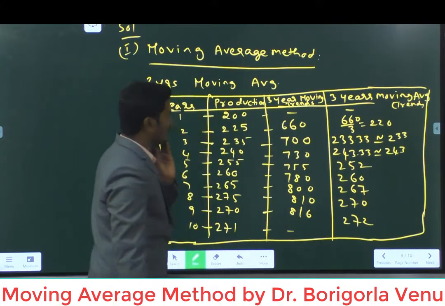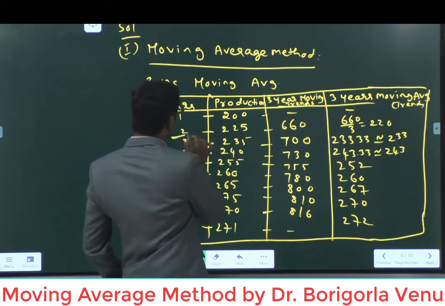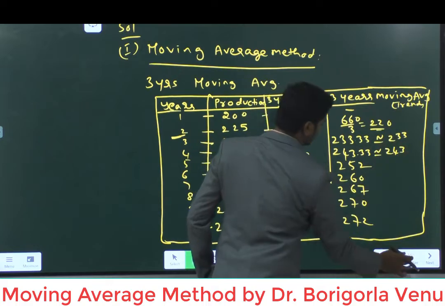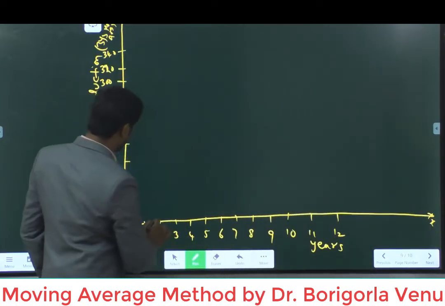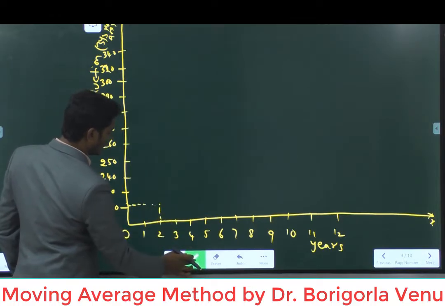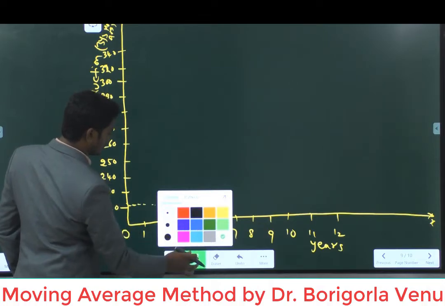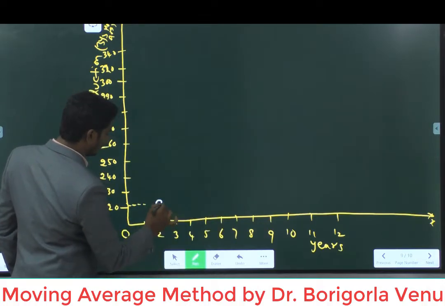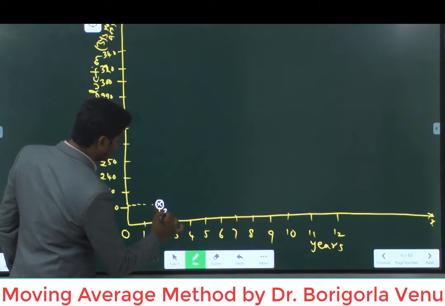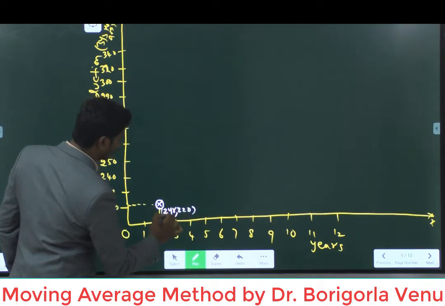Okay, here I am going to plot the values for the years and production. First, coming to the first year, there is no value, so simply we are neglecting it. Coming to the second year, the value is 220. So here I am going to take the second year value as 220.